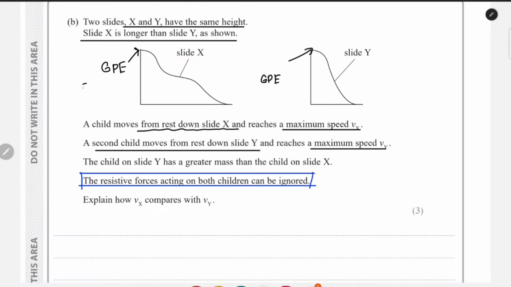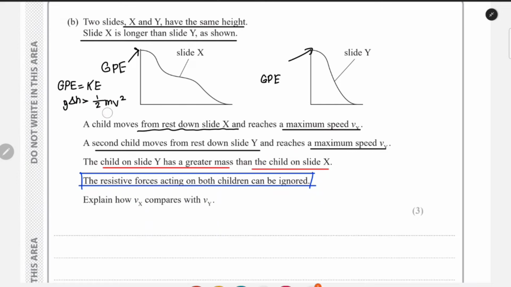We also have this detail over here: the child on slide Y has a greater mass than the child on slide X. However, when GPE is converted to KE, we have mg delta h equals half mv squared. So this does not depend on the mass of the children.